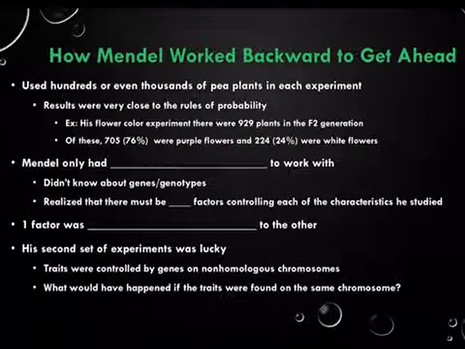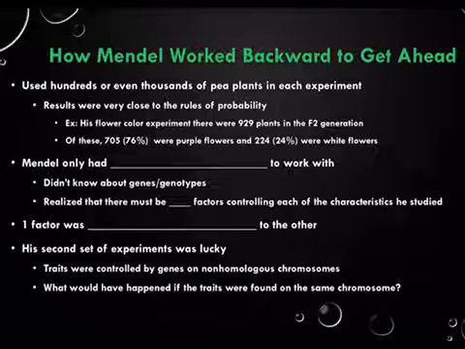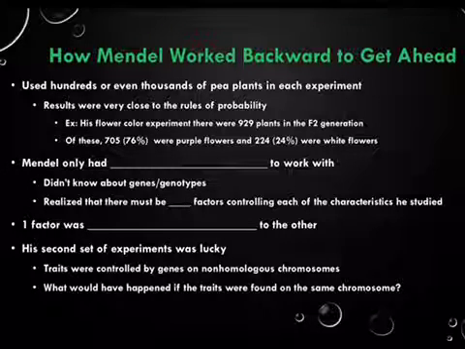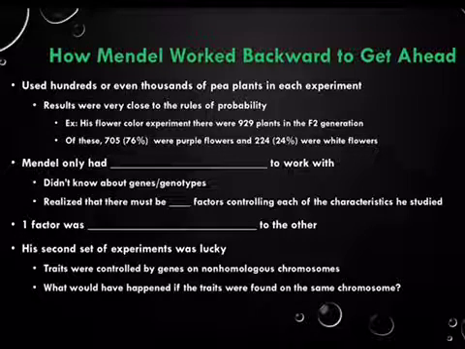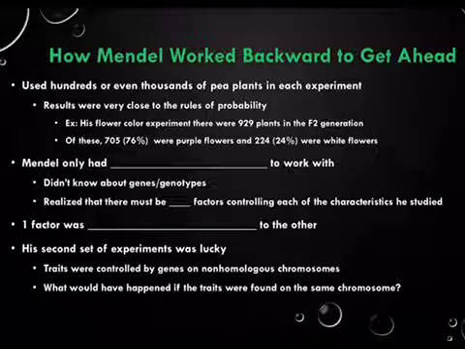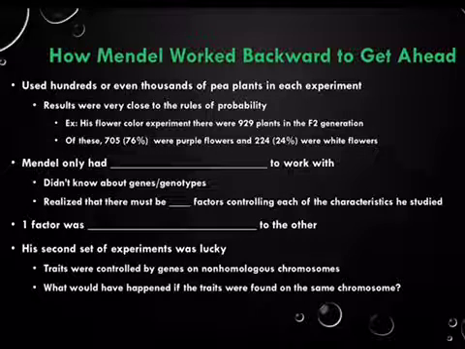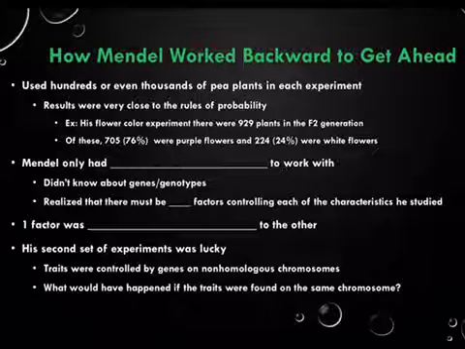So Mendel's work, he had to work backwards because he didn't know about alleles and genes yet. And so he used hundreds or even thousands of pea plants in each experiment. And his results were very close to the rules of probability. For example, his flower color experiment, he used 929 plants in the F2 generation.